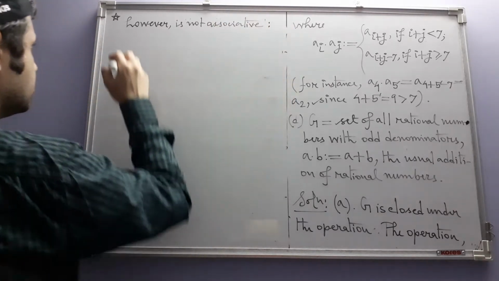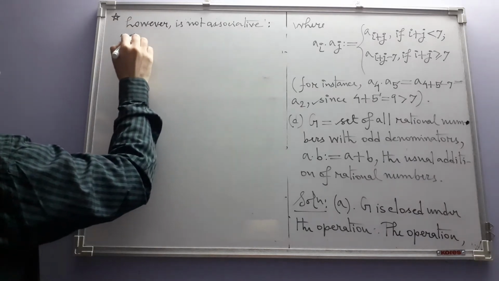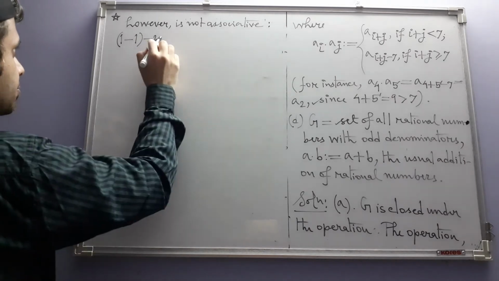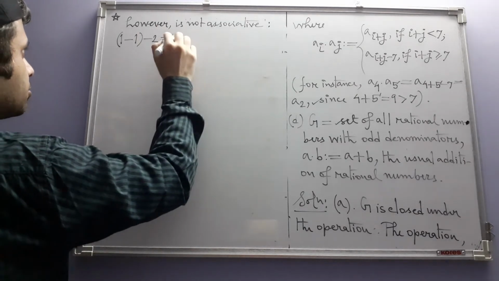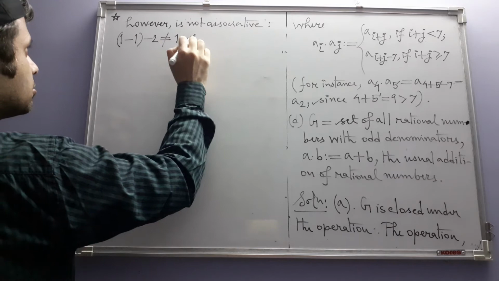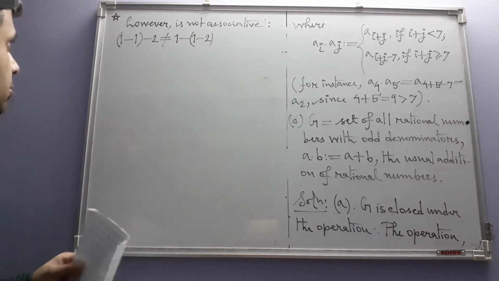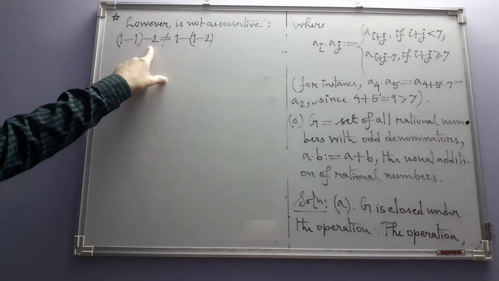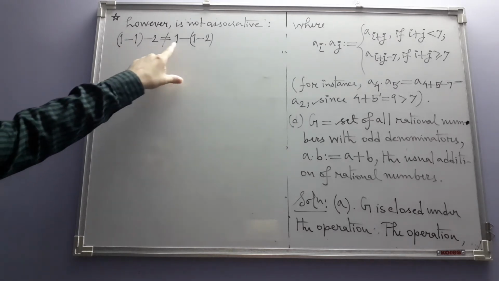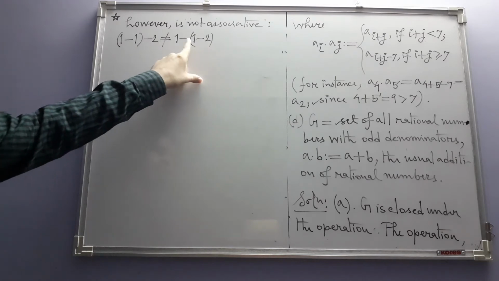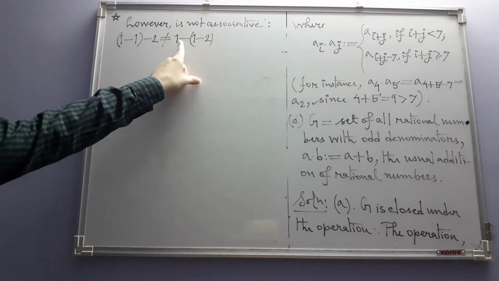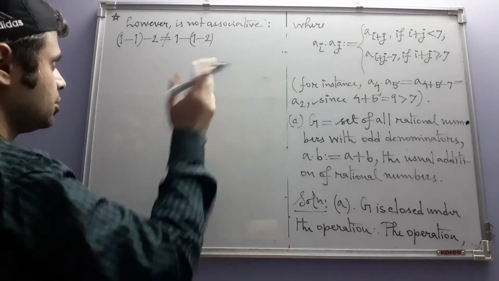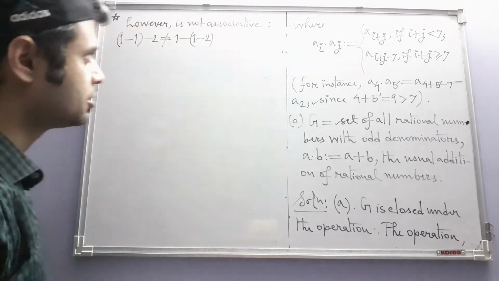And this is the reason: 1 minus (1 minus 2) is not equal to (1 minus 1) minus 2. Why? What about the left hand side? This is 0, so the left hand side is minus 2. Here this is minus 1, minus of minus 1 becomes plus 1, 1 plus 1 is 2, and 2 is not equal to minus 2. So these two things are not equal, and hence the operation is not associative.